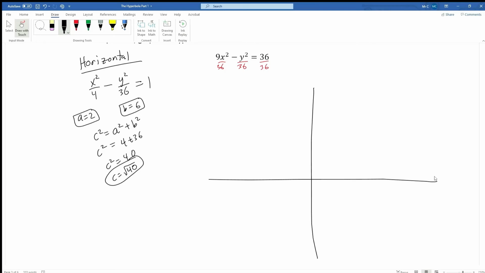So since it's horizontal, we'll start at our center, (0, 0). And we'll go out a distance of a, which is 2. And that'll give us our vertex 1, which will be at (2, 0), and vertex 2, which will be at (negative 2, 0).